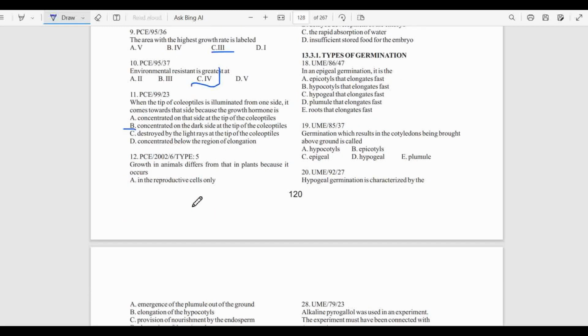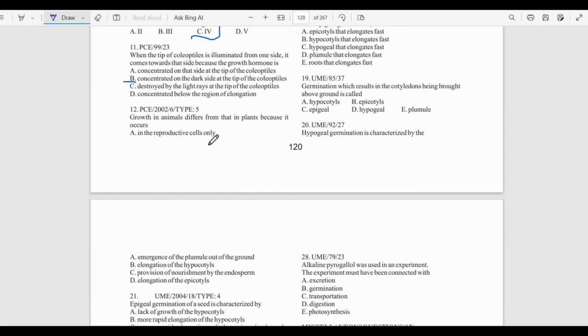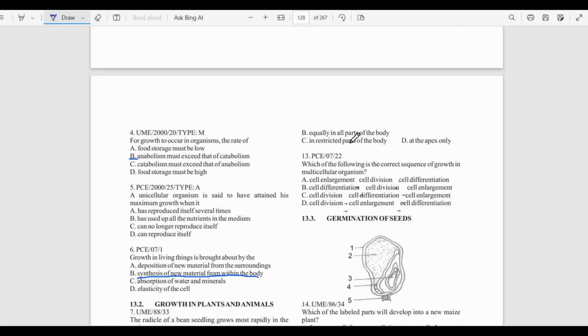Question number 12. Growth in animals differs from that in plants because it occurs, A, in the reproductive cells only, B, equally in all parts of the body, C, in a restricted part of the body, and D, at the apex only.